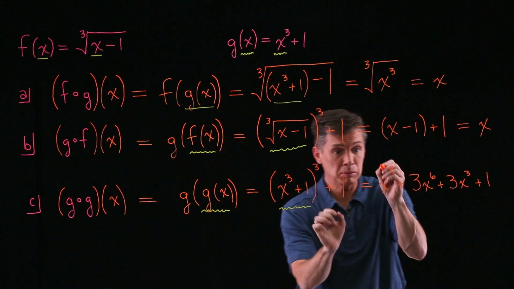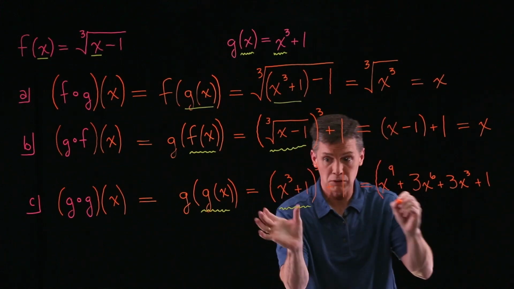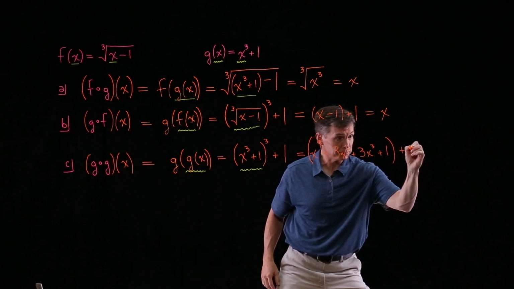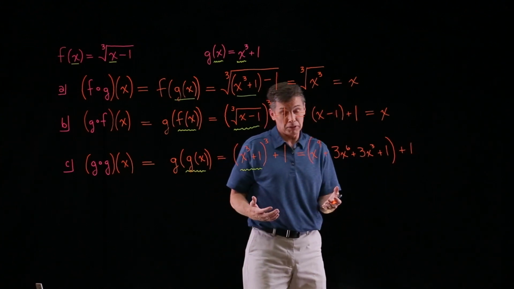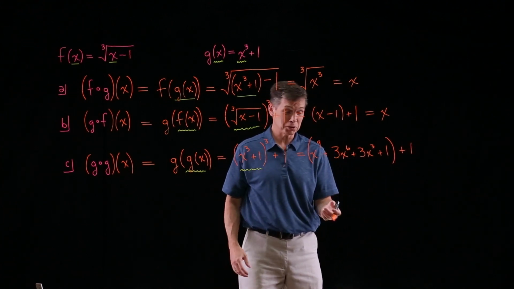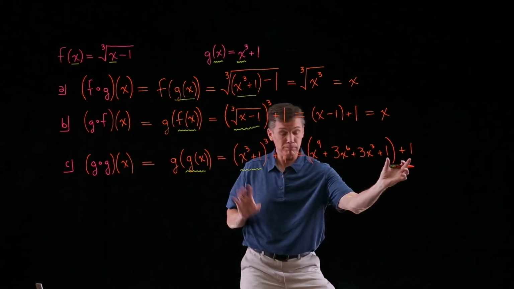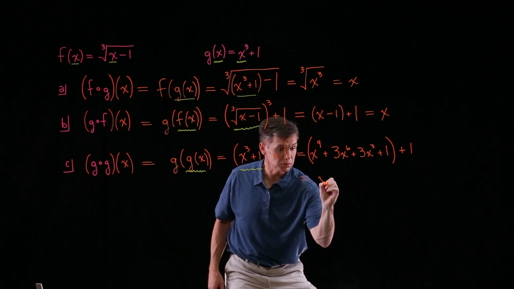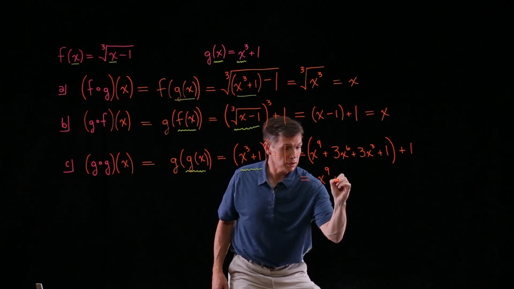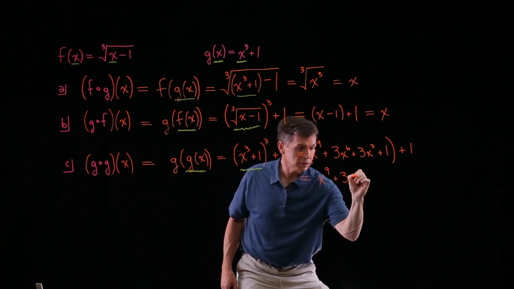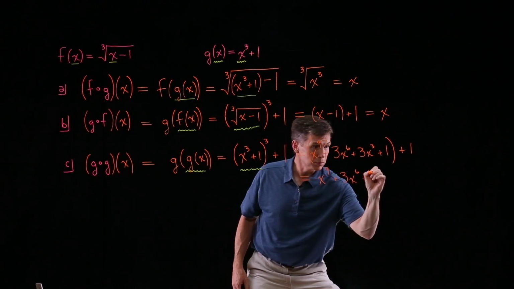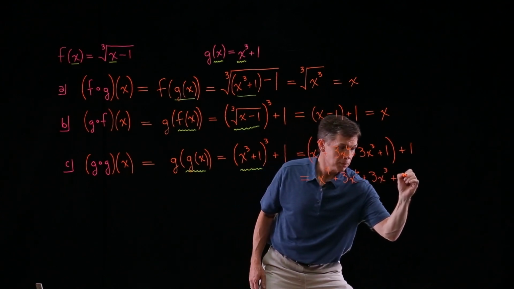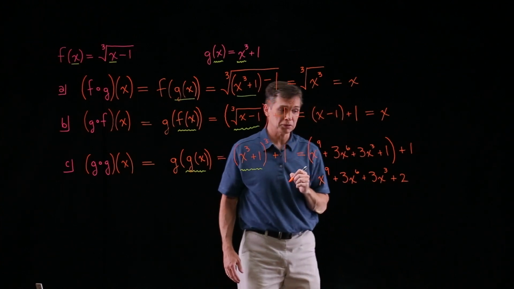Then I still have, maybe I'll put parentheses, that's just the binomial to the 3 power. I still have my plus 1. I do have to take one more step, but there's not much going on. I'm just going to combine the only like terms of those constants. So this equals x to the 9th plus 3x to the 6th plus 3x cubed plus 2. But that would be my final answer.